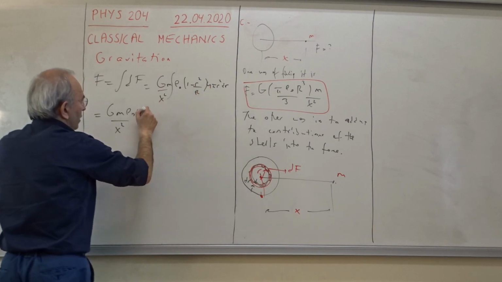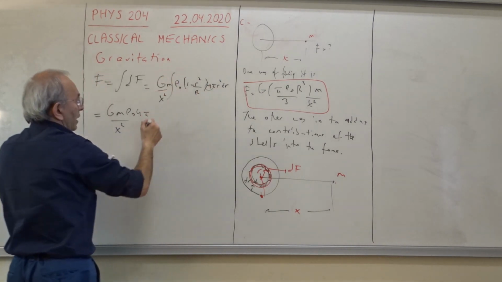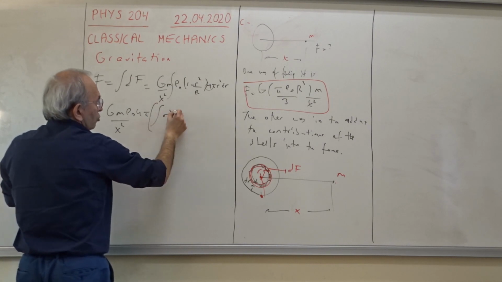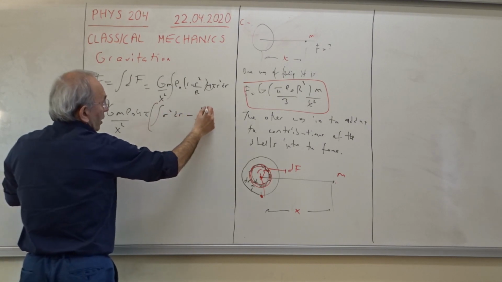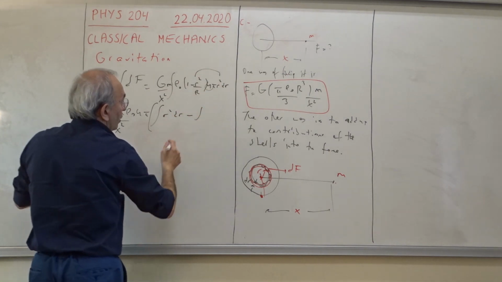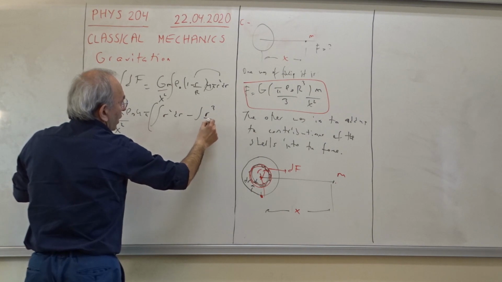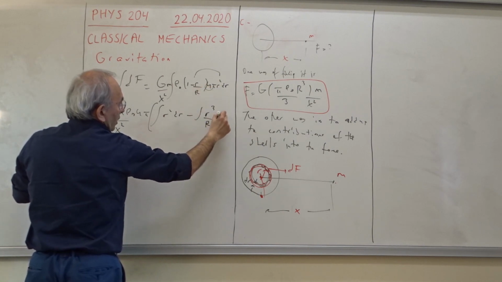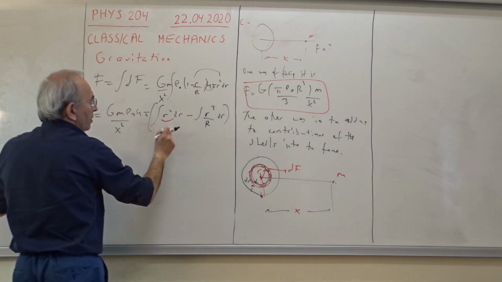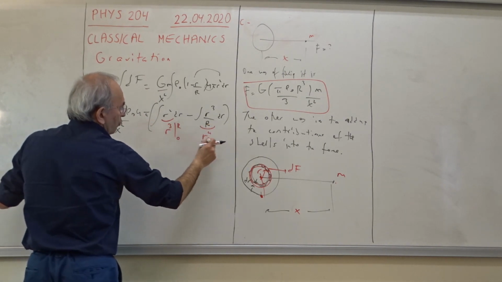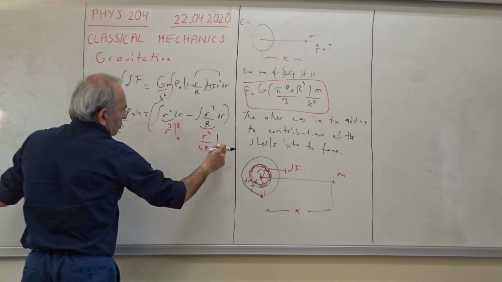So this 4 pi is taken out. Inside we only have the first term r squared dr and the second term r to the 4, no square, r cubed over R dr. And this term becomes r cubed, 0 to R. This term becomes r to the 4 over 4R, 0 to R.